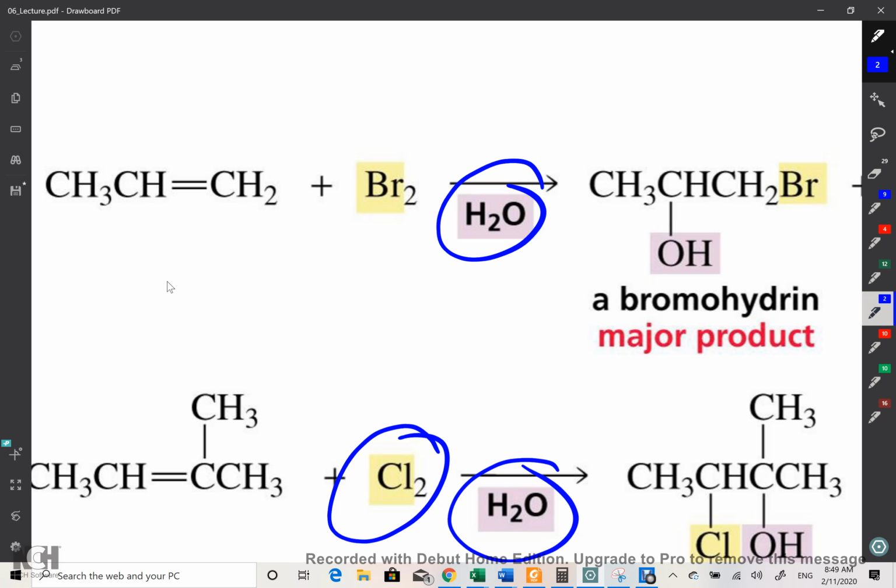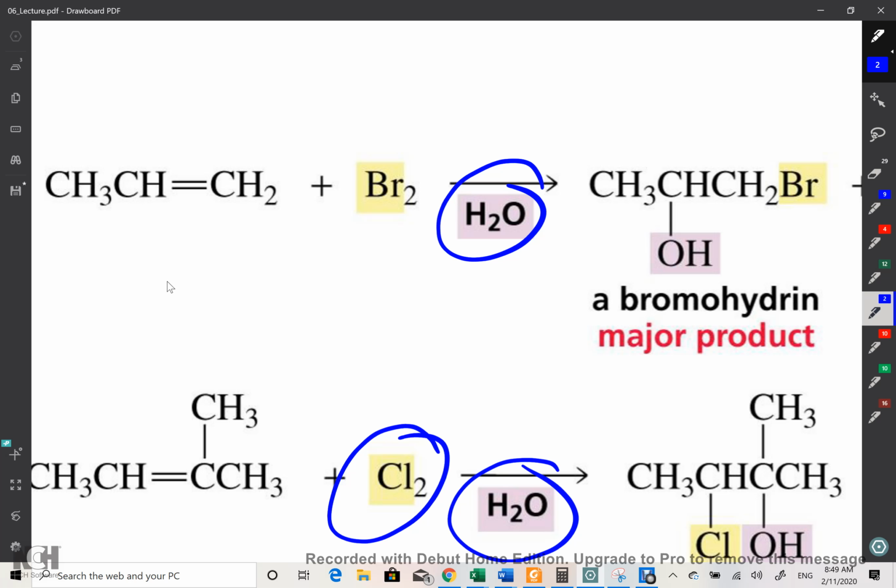The OH is added onto the carbon with fewer hydrogens. That is the mechanical rule. So you add the bromine over here and you add the OH over there. So the OH will add on the carbon with fewer hydrogens, or the OH adds to the more substituted carbon. Those are the little things I want you guys to know.